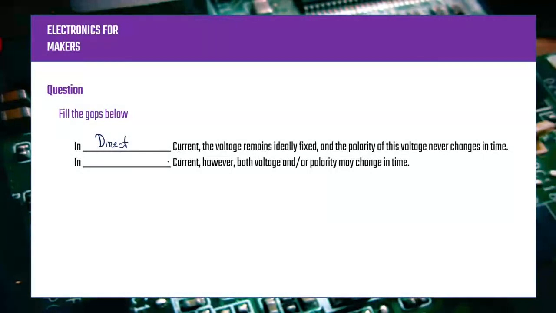In direct current, the voltage is fixed and never changes. In alternating current, it can change its polarity or voltage or both.